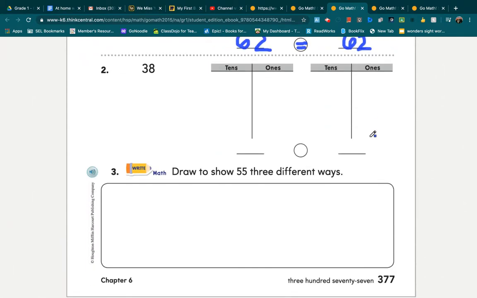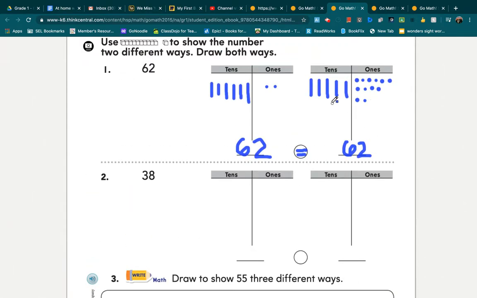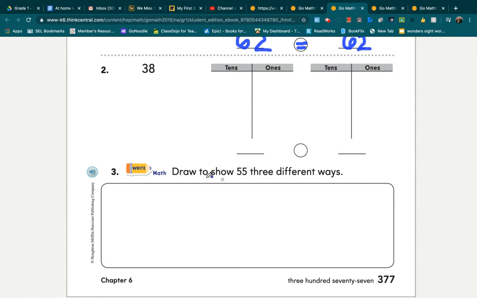And then for the third way, trade 2 groups of 10 for 2 groups of 10 ones, okay? So it would be 20 ones. That's the way you can show 3 different ways. But I'm going to have you do that on your own because it is the same as these 2 up here, and I want you to grow your brains.